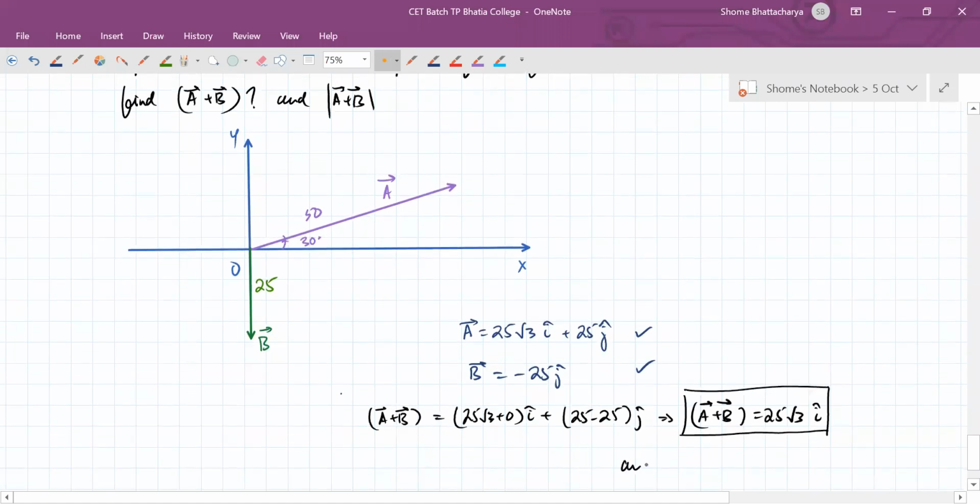And the magnitude of the resultant therefore is just 25 root 3.